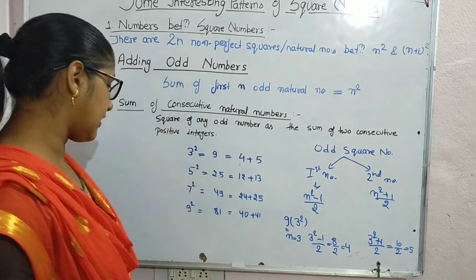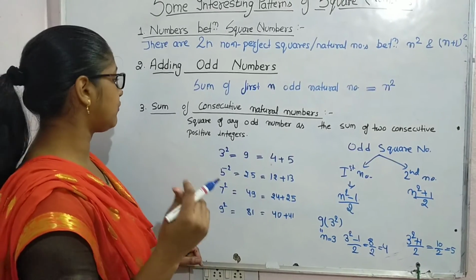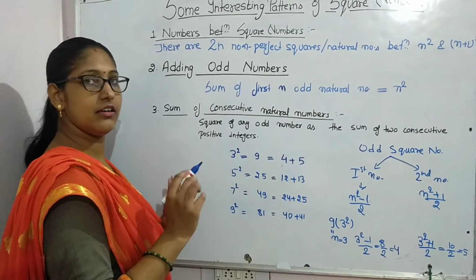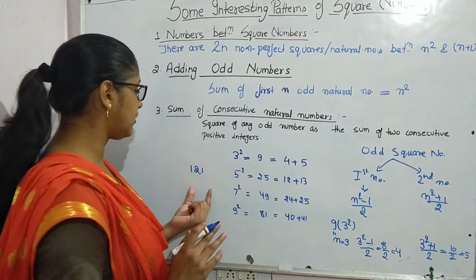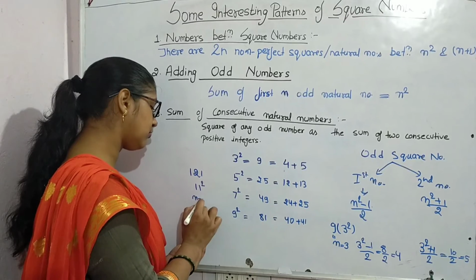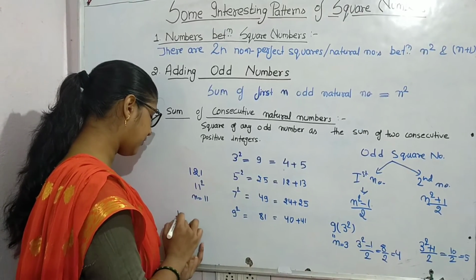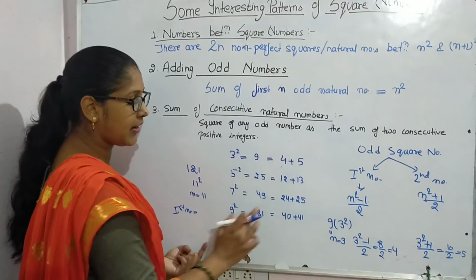So suppose someone asks you, what are the two consecutive numbers that make the perfect square 121? Then we know that 121 is the square of 11. So here n is equal to 11. So our first number is equal to (n square minus 1) by 2.